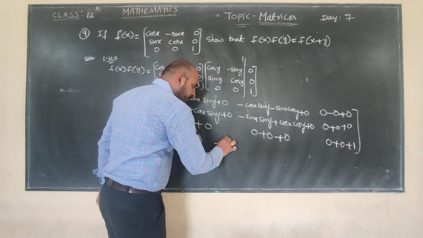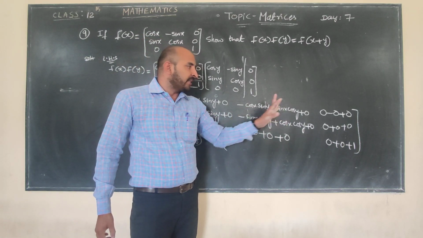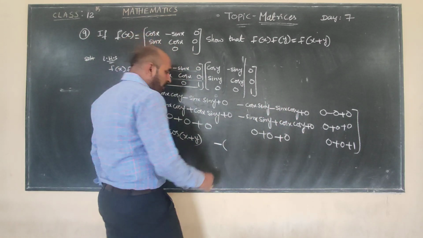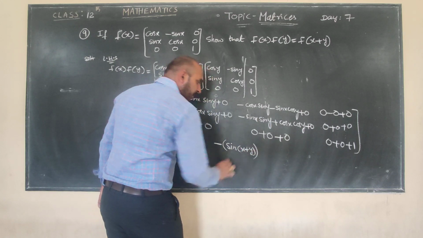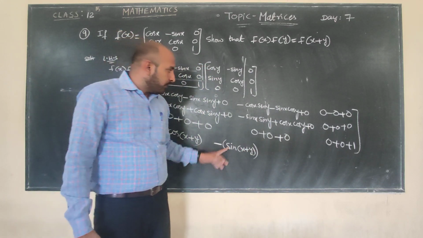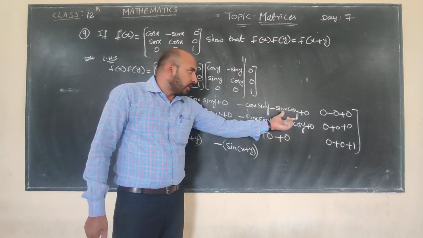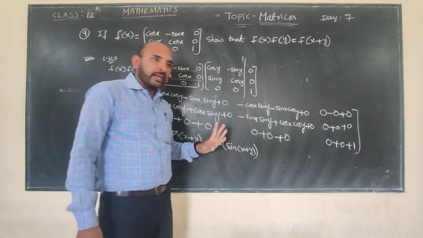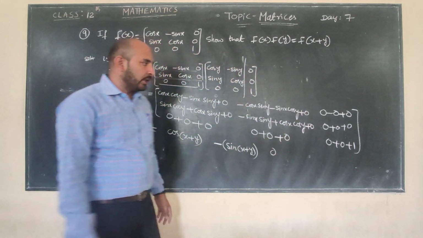You will get cos x sin y plus sin x cos y. You will get the sin of x plus y formula. Sin of x plus y. In both terms take minus common: sin x cos y plus cos x sin y, formula sin of x plus y. This third element is 0.